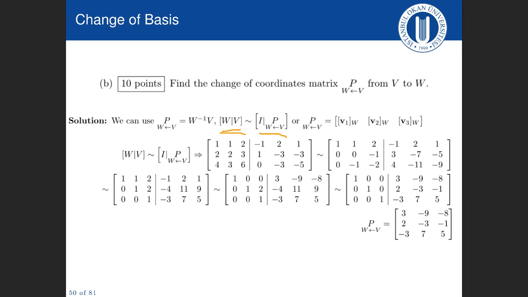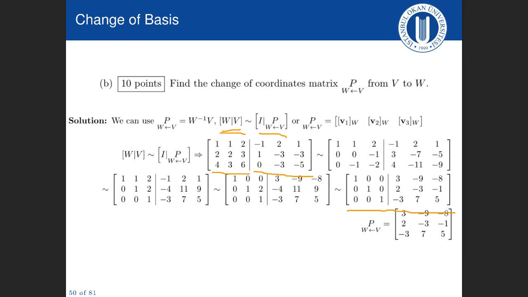So here we go. We start with the vectors in W on the left and the vectors in V on the right. Row reduce it until we end up with the identity matrix on the left and the matrix that we want on the right.